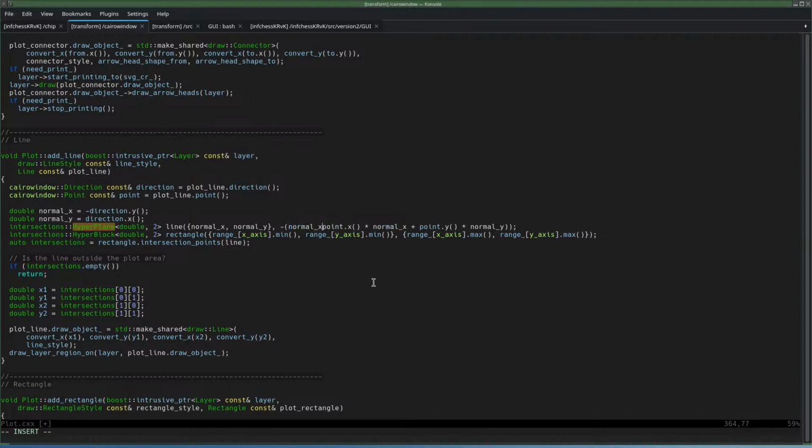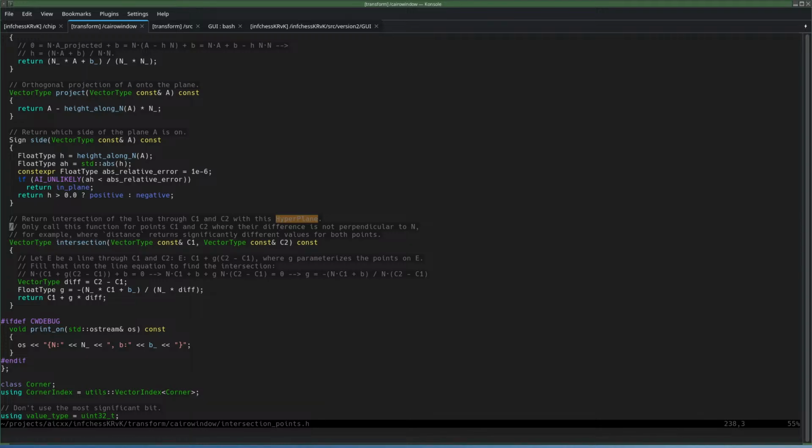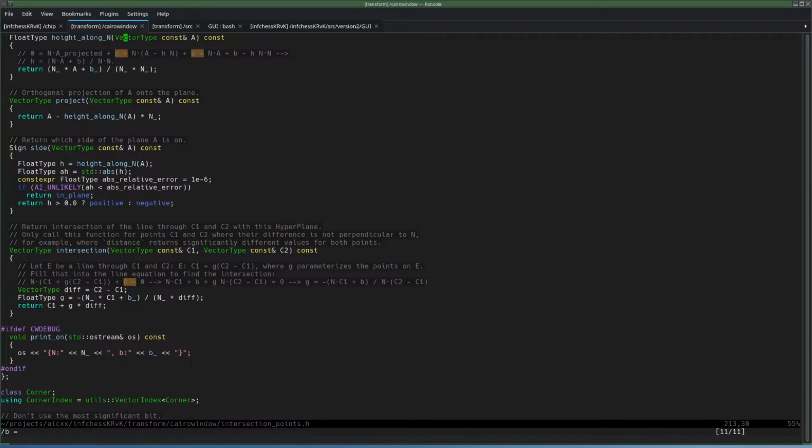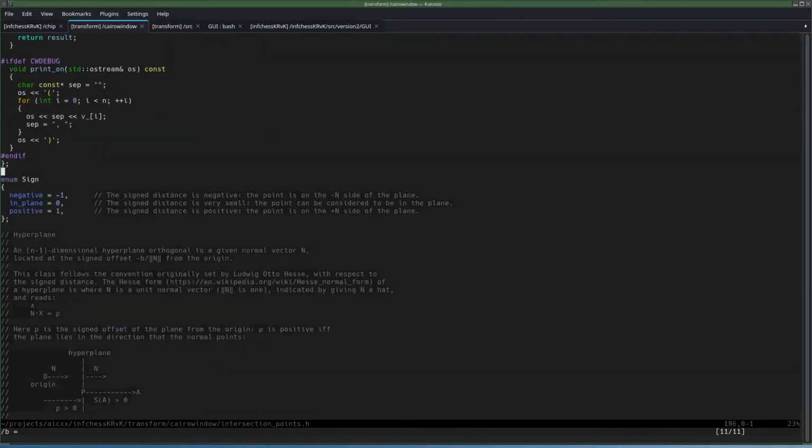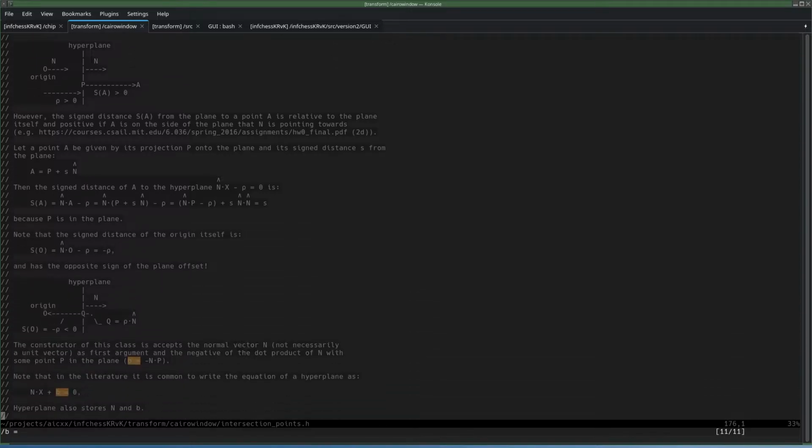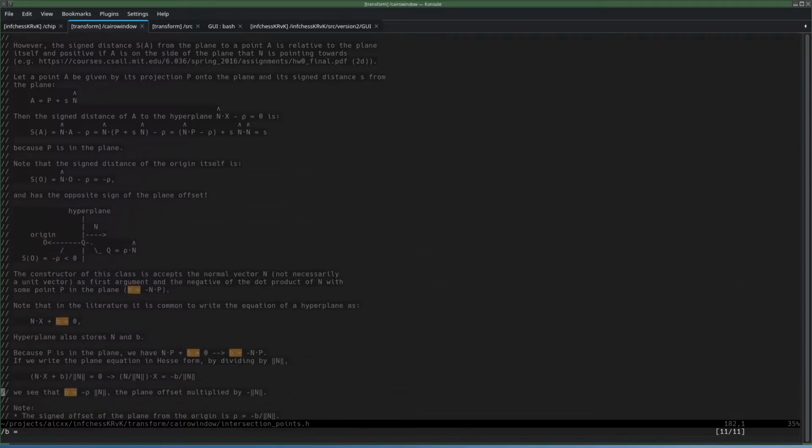Is that how I wrote it actually? This, sorry, no, I don't know anymore. This is intersections. Nope, it's not. Let's quickly jump to Hyperplane. We wrote that B. Surely it's somewhere, now B is, yeah, here.